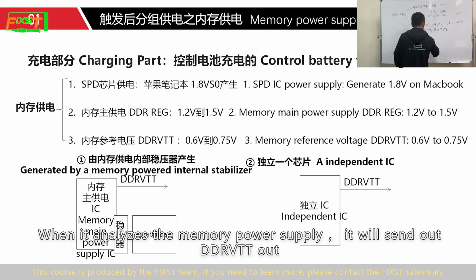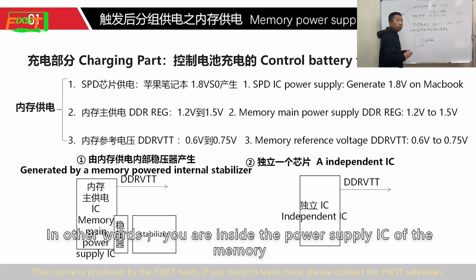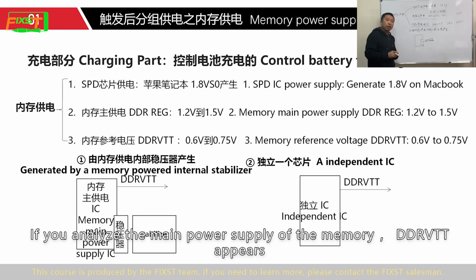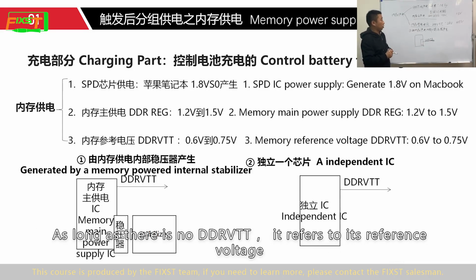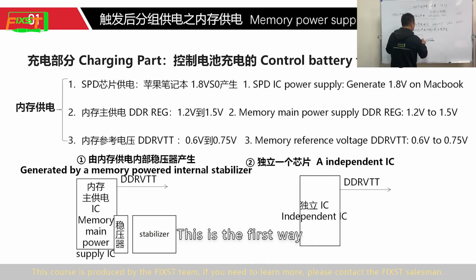When you analyze the memory power supply, it will send out DDRVTT. In other words, it is inside the power supply IC of the memory. If you analyze the main power supply of the memory, DDRVTT appears. That is, when we talked about the memory main power supply in the last class, there is a mark on the drawing. As long as there is no DDRVTT, it refers to its reference voltage. This is the first way.